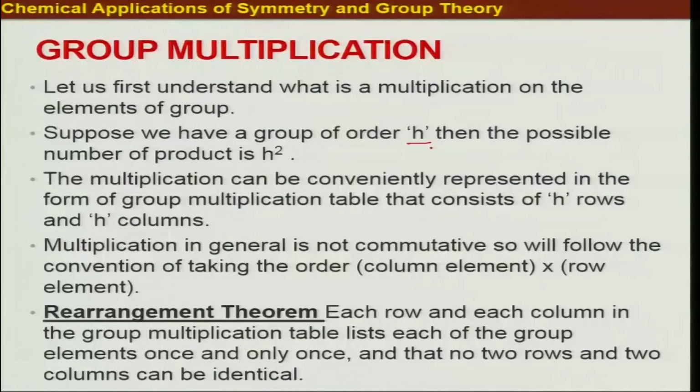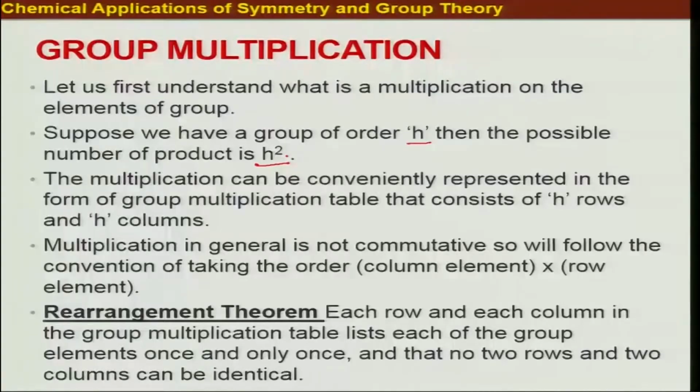Then how many such binary products can we expect for a group? The obvious answer will be h squared, which is given here, because h number of symmetry operations will combine with another h number of operations including itself, and then it will give h squared number of total products.